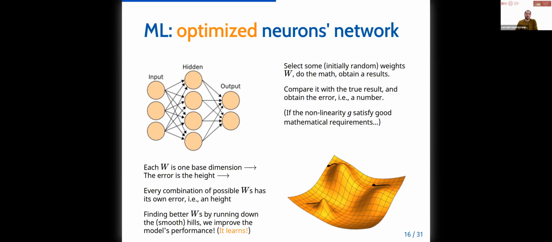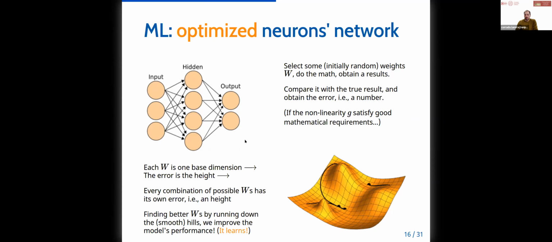If you consider your W's as dimensions in a space, and you add an additional dimension that is the height of that space, corresponding to the error, and the nonlinearity satisfies some mathematical requirements, you come out with a smooth surface.